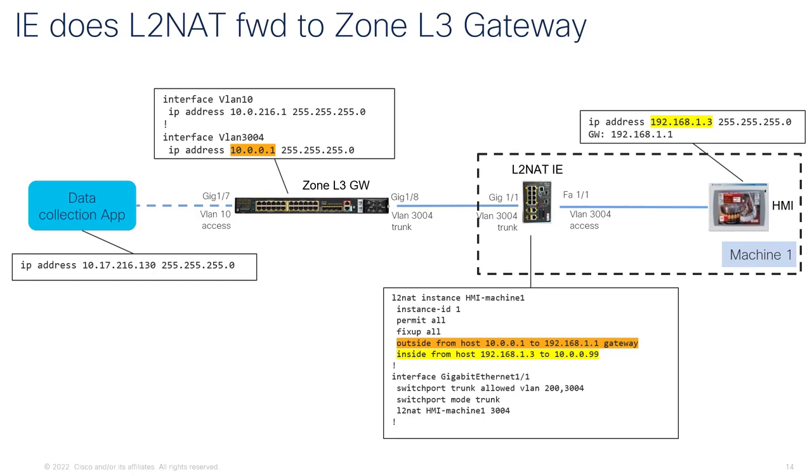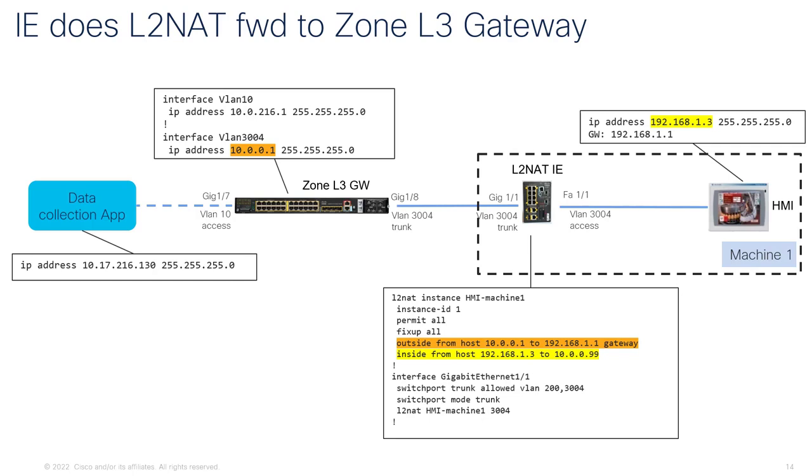And we're going to translate it into 1.1. And from the inside, we have an IP address translation for our HMI, which we already stated is going to be translated into 10.0.0.99. Now, if you go back to the top right, you'll notice that the HMI machine internally has its own gateway defined for its subnet because it's on a class C. You'll see that it's got a 1.1 IP address internally for its gateway.